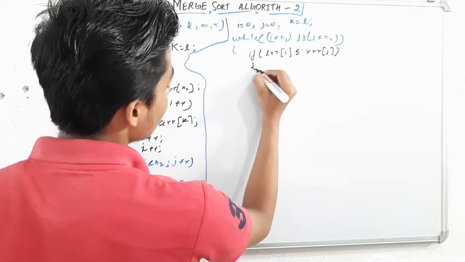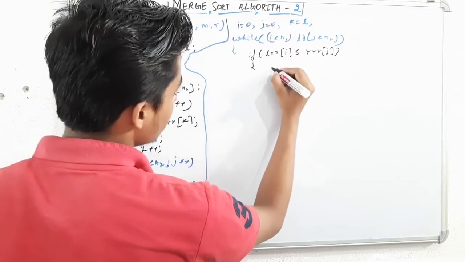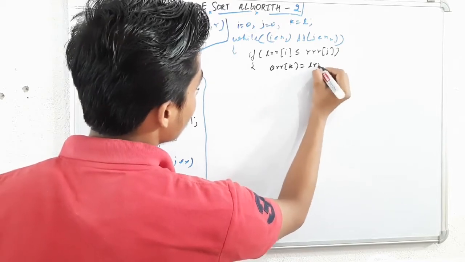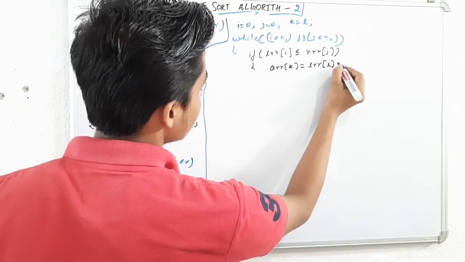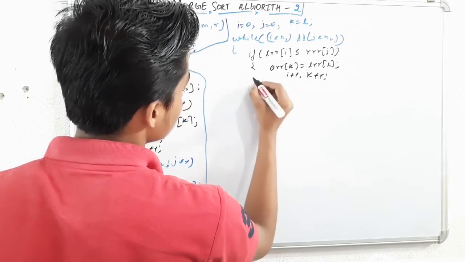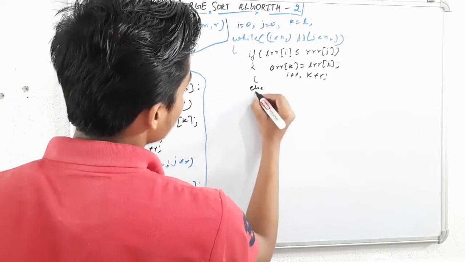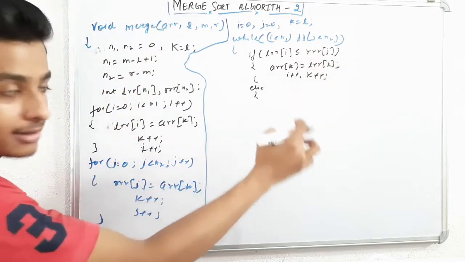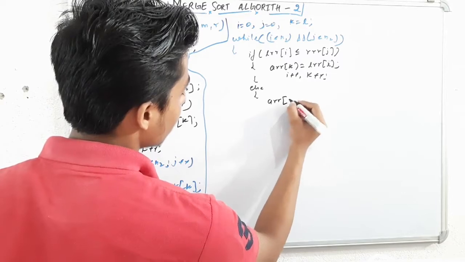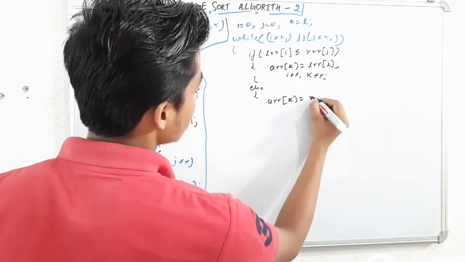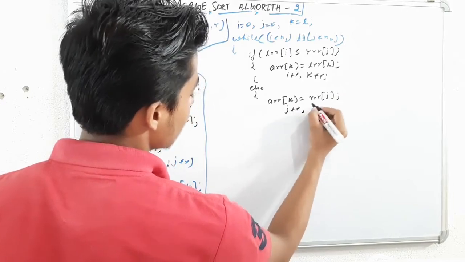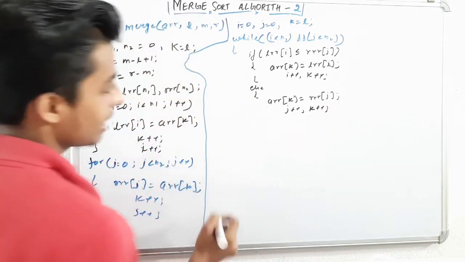If LRR of i is smaller, then you assign ARR of k equals LRR of i, and you do i plus plus, k plus plus. Else, that means RRR of j is smaller than LRR of i, so you do ARR of k equals RRR of j, and you increment the value of j and k here.